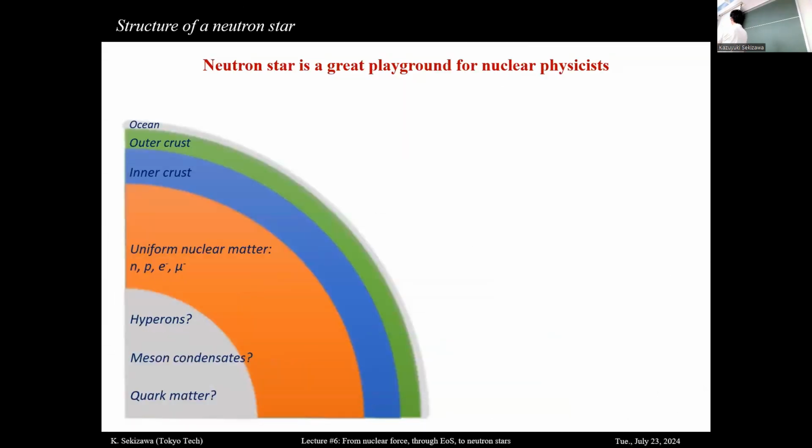And this is some cross section of a neutron star showing several layers depending on the density and pressure.